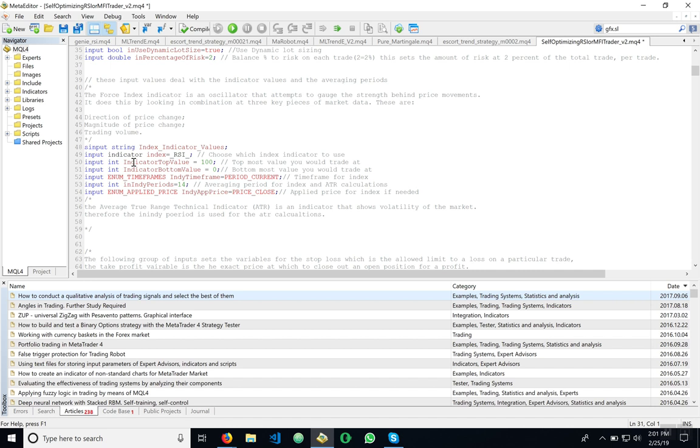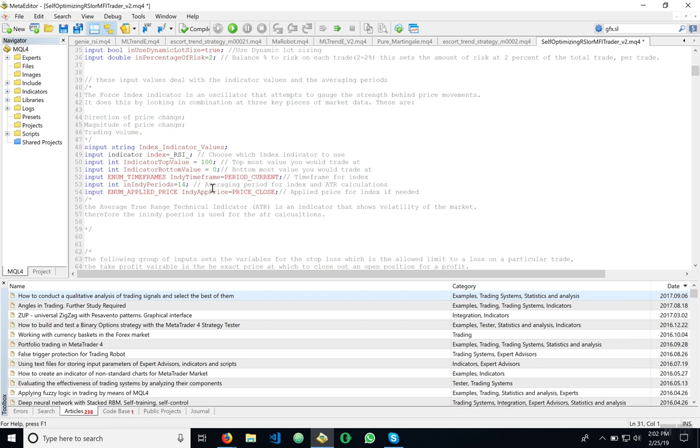And as you can see, the input here uses the RSI indicator, and it sets the indicator top value as 100 and bottom value as 0. These are the top value that you would trade at and the bottommost value that you would trade at in a given trend. And then it sets here the time frames for the index and the indie periods, which is the averaging period for the index, and ATR calculations, also known as the average true range, which is an indicator that shows the volatility of the market.